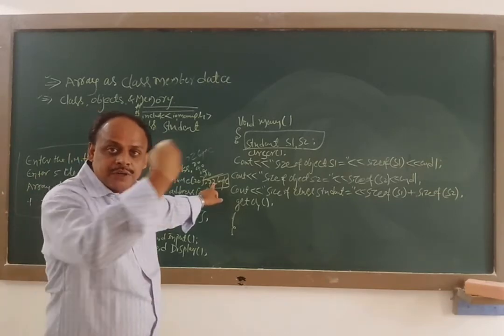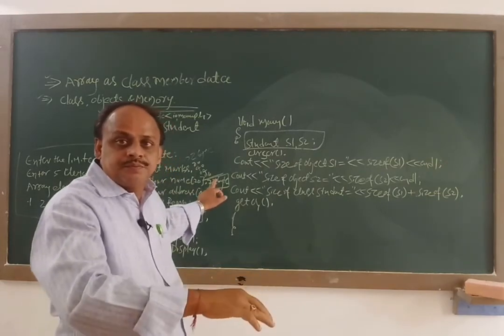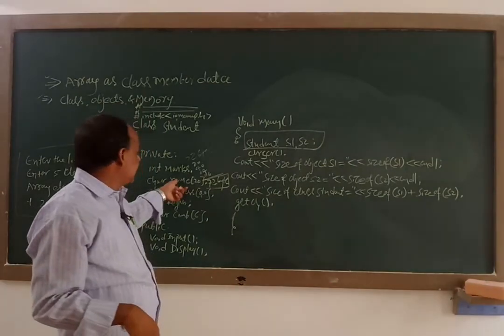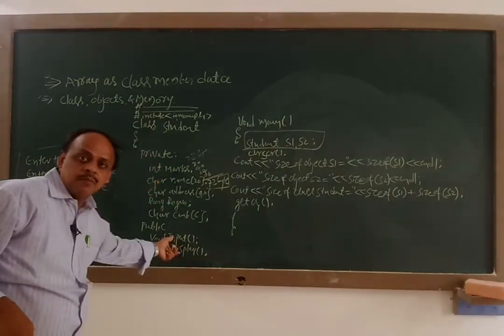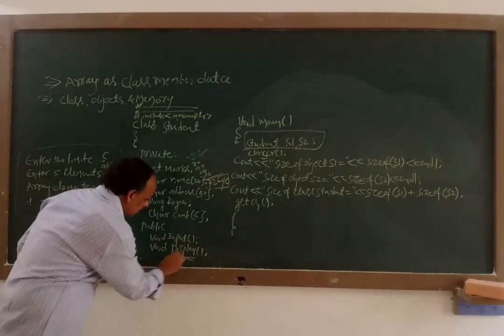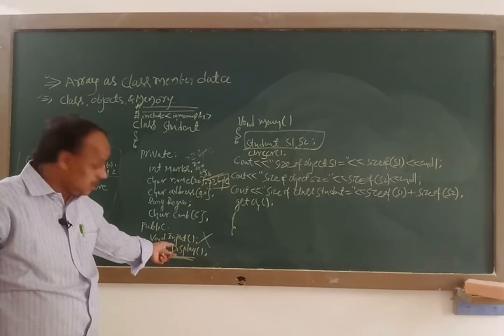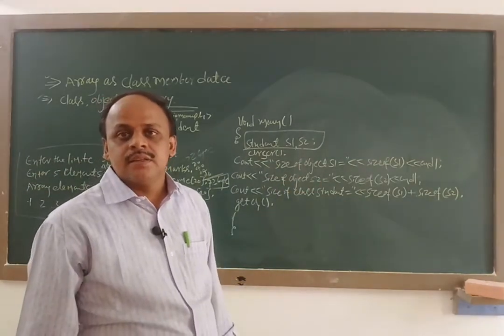Whenever you declare objects of the class, memory is allocated only to the data members of the class. There is no memory allocated for the member functions. These member functions are shared by each object.